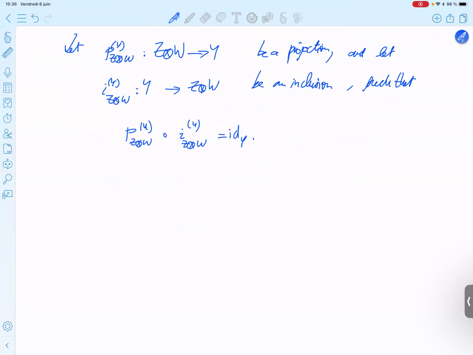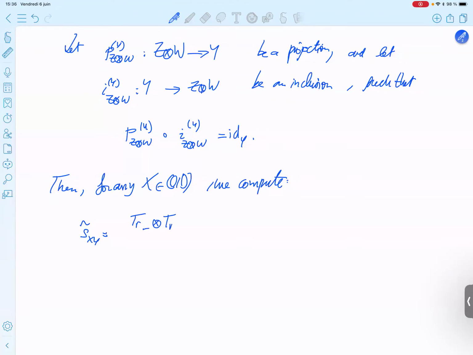So we will use these two morphisms to compute the entry S tilde XY. So then, for any simple object in D, we compute S tilde XY, which is, by definition, remember, like that: C_YX composed with C_XY, divided by.